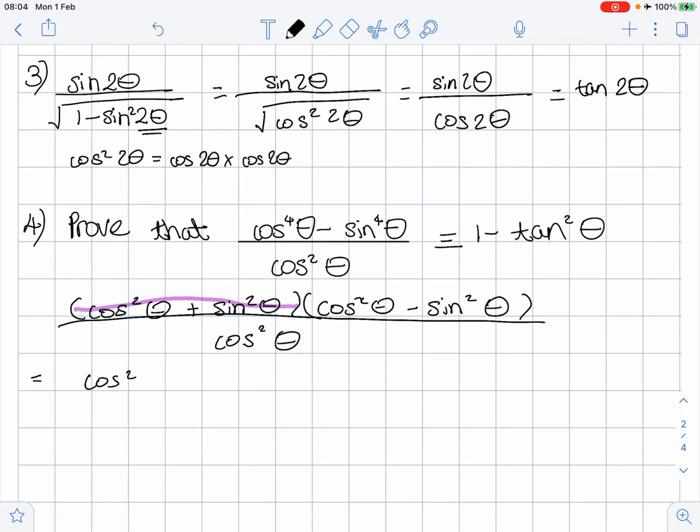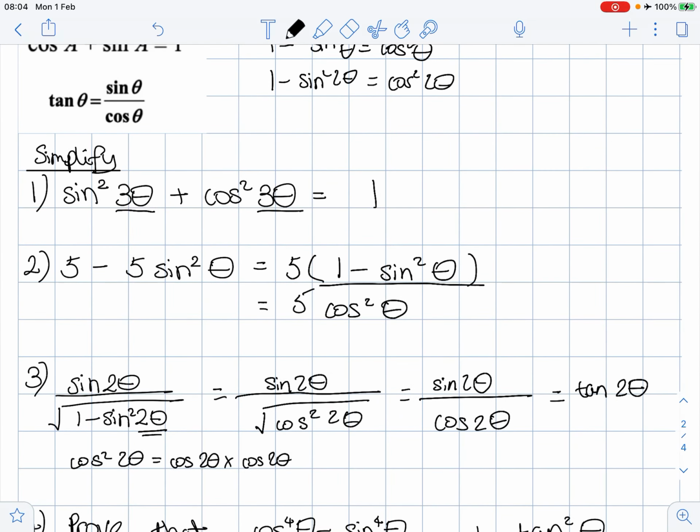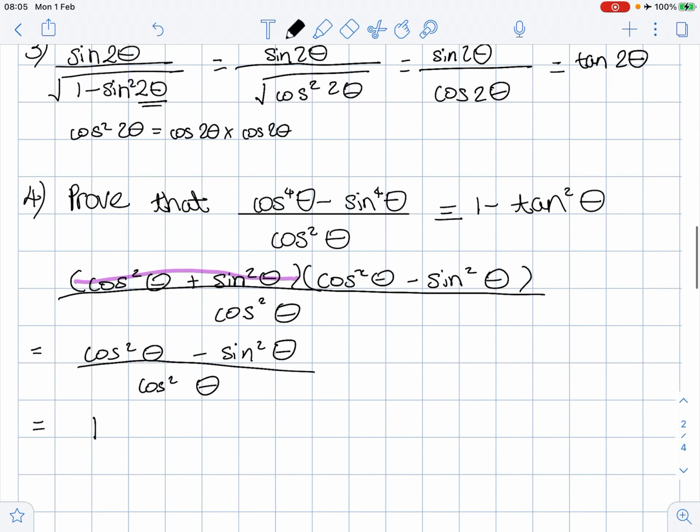So we're left with cos squared theta minus sin squared theta over cos squared theta. So cos squared theta over cos squared theta would just equal 1. Then sin squared theta divided by cos squared theta. From our identity, sin theta over cos theta is tan theta. So this is minus tan squared theta.